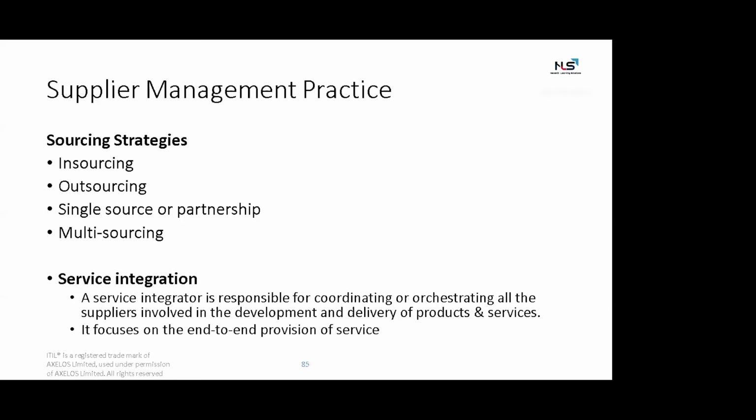What is multi-sourcing? For a particular service, for a particular product support, you have multiple vendors. For L1 you have this, L2 you have this, L3 you have this: A, B, C. What is co-sourcing? Co-sourcing is two or more different vendors under the same level. For example, under L1 you have network services.